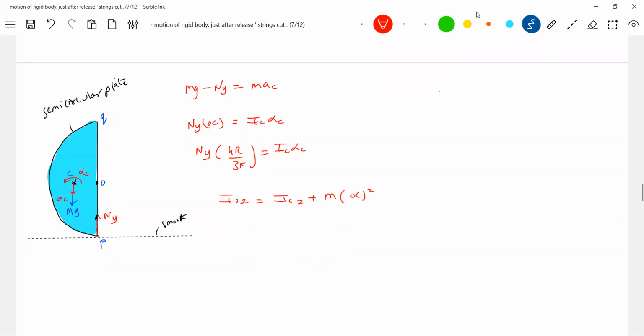IOZ is how much? MR square by 2 only. Okay, you got ICZ. This ICZ is nothing but IC. Now we know this. So how many unknowns are there? Ny, AC, and alpha C.